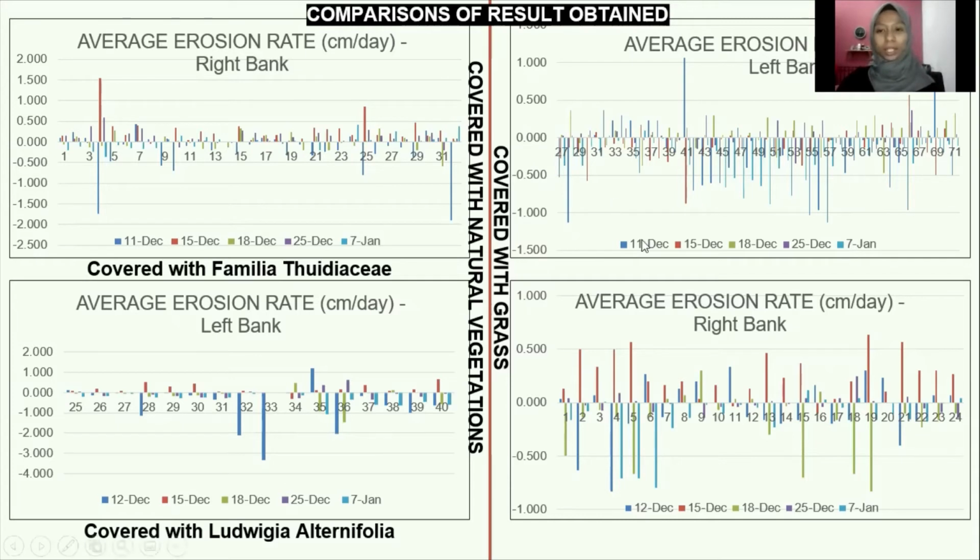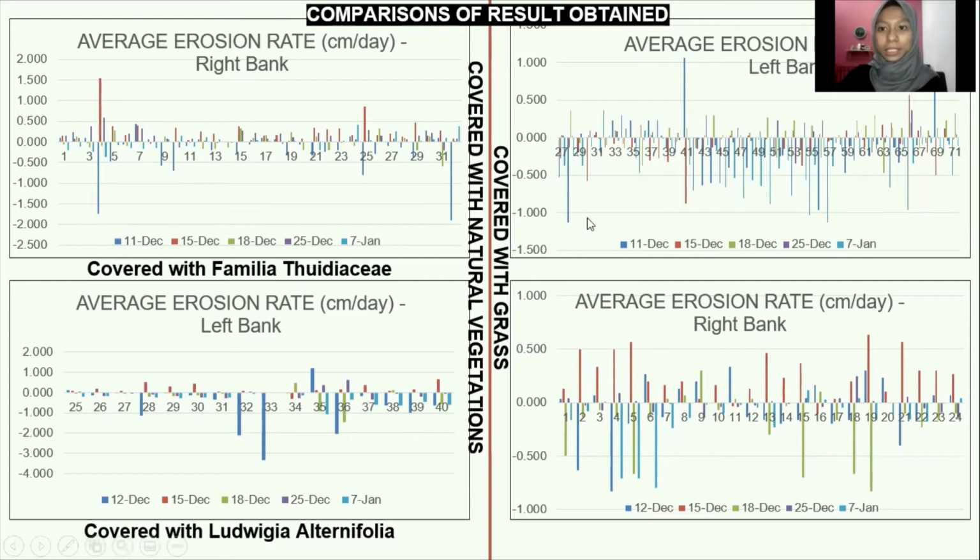As we all know, Malaysia goes through the northeast monsoon season in December. Therefore, the rainfall is very frequent, almost every morning during that time. So the riverbank undergoes very high soil erosion at the places where there is no vegetation.